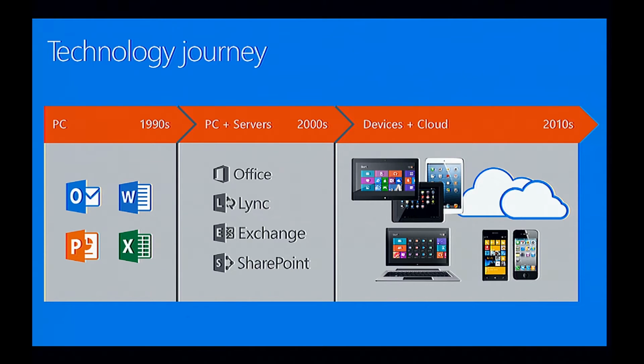So in the 2000s, we went into the era of client and servers, and we introduced a lot of server technology that allowed you to do powerful stuff like collaboration around documents, real-time conferencing with Lync, obviously email, and all those cool technologies. And now we are in this devices and cloud era.